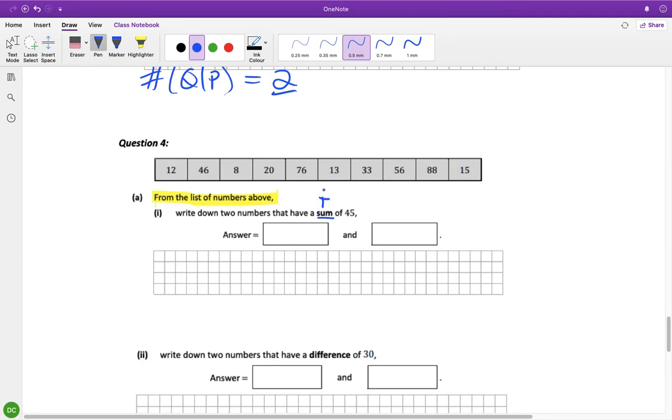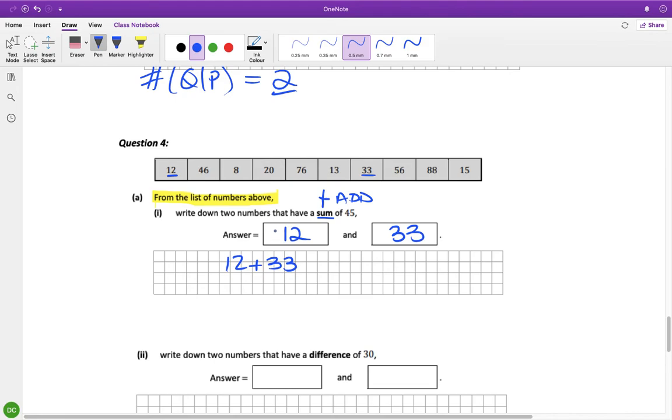So sum is addition. So we want two numbers that sum to make 45. Is that right? 12 and 33. So 12 and 33. Okay, there's 12. There's 33.